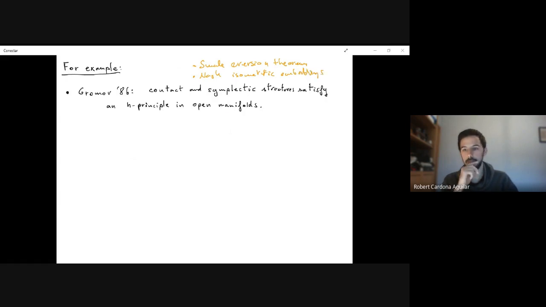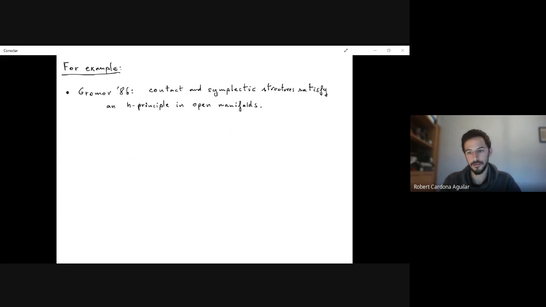Okay. So in symplectic geometry, Gromov in '86 took these theorems by Smale and Nash and put them in a framework, in which all of them lie in the framework of h-principles. He proved that contact and symplectic structures satisfy an h-principle on open manifolds.